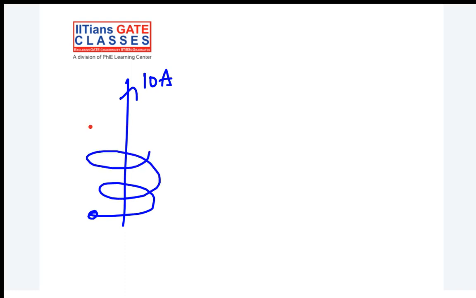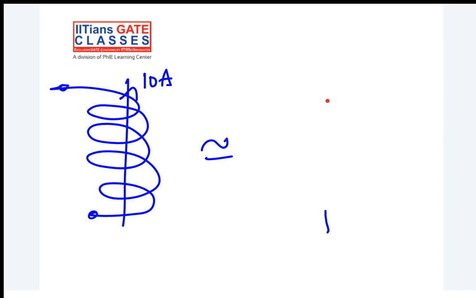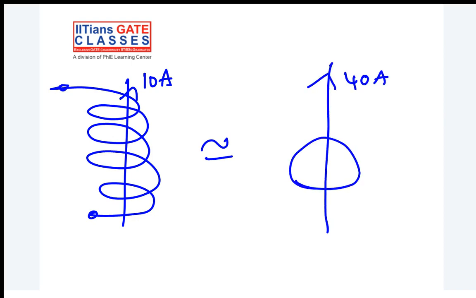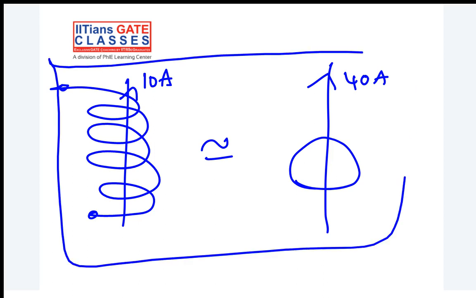So I will put it in simple words. This is your 10 ampere and you have 4 windings here, right? So this is equivalent to 40 ampere in a single loop. I hope this makes the complete picture for you.